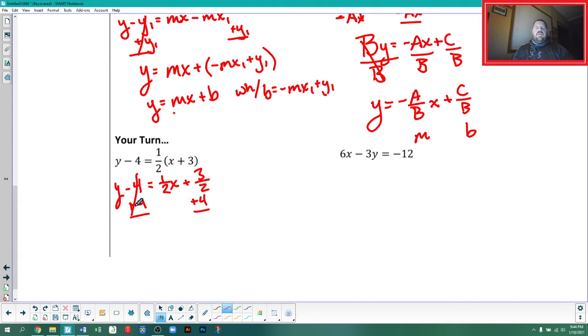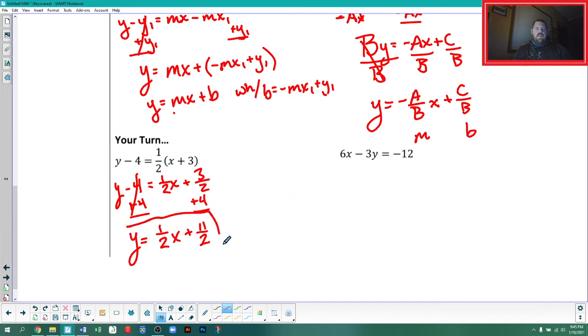We'll talk about how to do that. Over here they cancel. I get y equals 1/2 x. And then I have 3/2 plus 4. 4 is actually 8/2. 3 plus 8 is 11, so that's 11 over 2. Awesome.